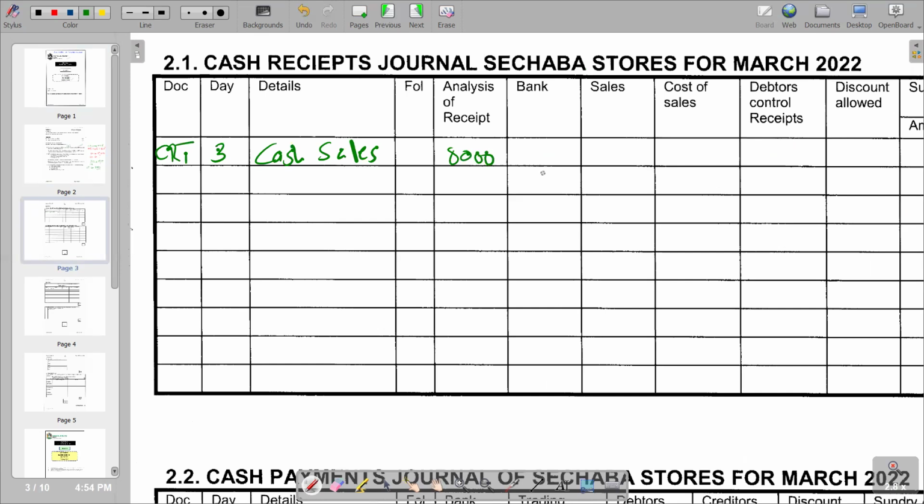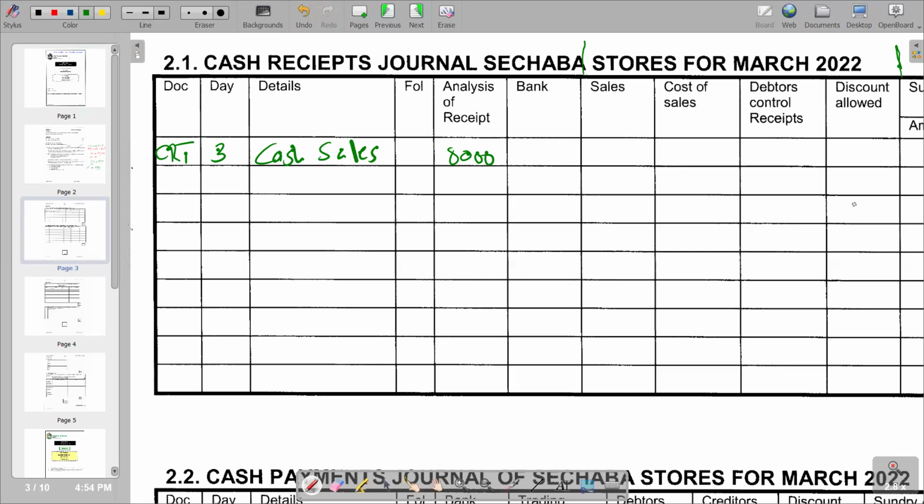On the bank, we are not going to put anything because these are cash sales. Starting from sales, going to discount allowed, we check whether this transaction applies between these columns, whether we can put our cash sales under sales, cost of sales, debtors control, or discount allowed.